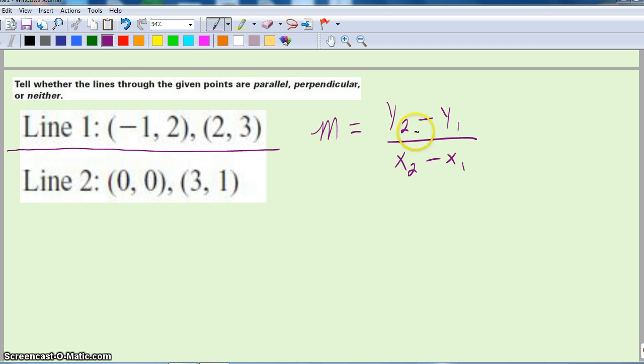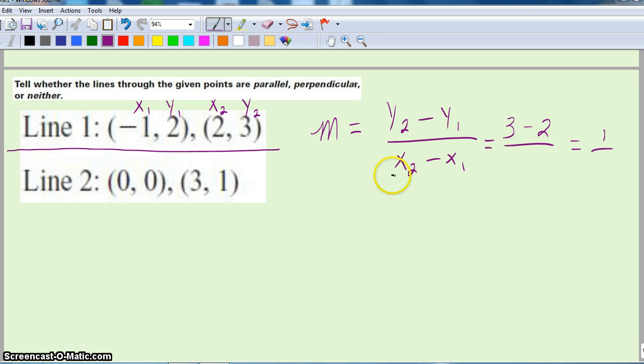You're going to have 2 of these formulas. x1, y1, x2, y2. Plug in the numbers right here. y2 is 3. Put the minus sign. And I go to y1. My y1 is 2. Divide by 3 minus 2 is 1.